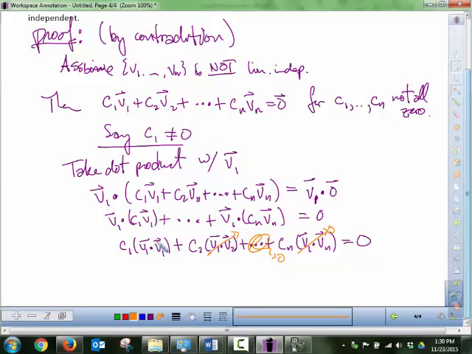Not quite one. It's the square? Absolute value squared? Or, in other words, the length squared.